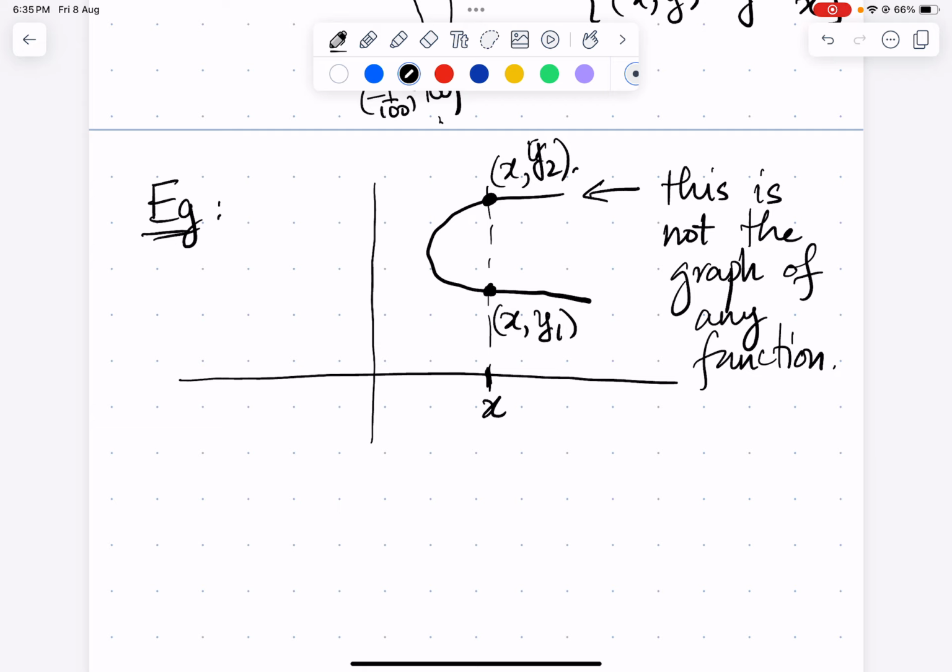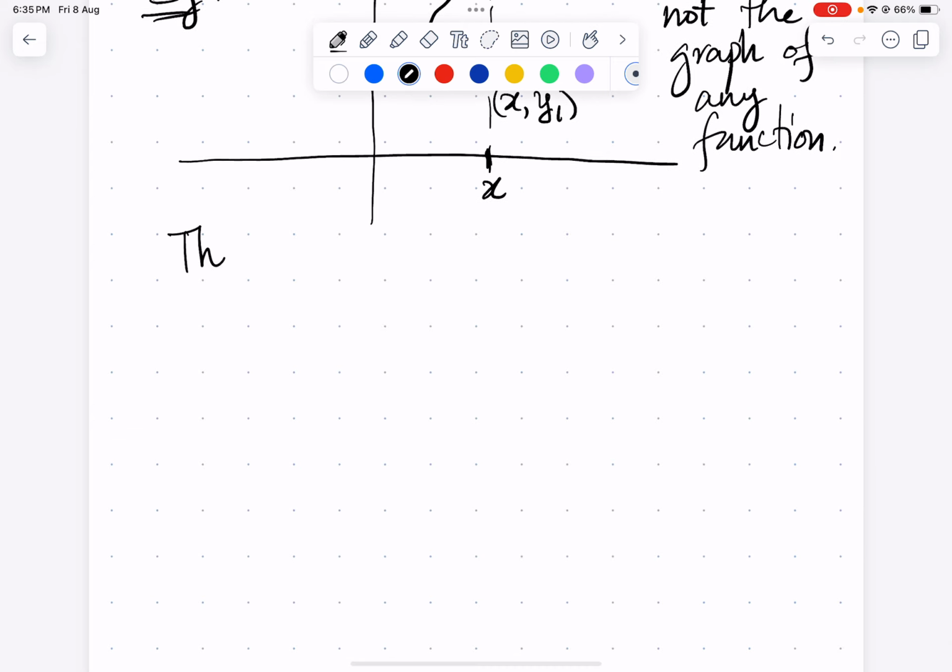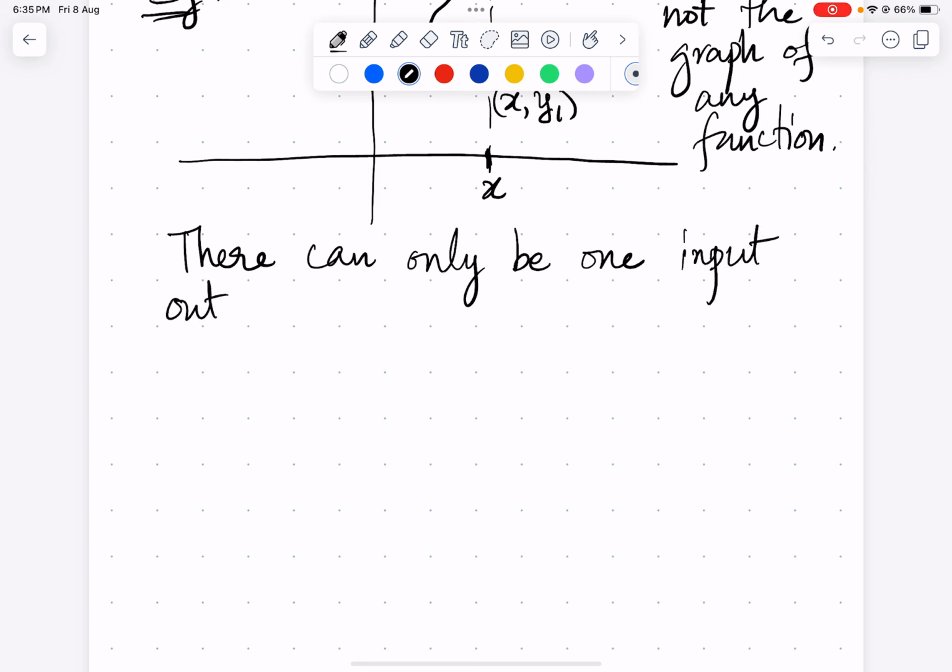So there can only be one input output pair x comma f of x. This is not the graph of any function f, because there can only be one input output pair x comma f of x for the input x.